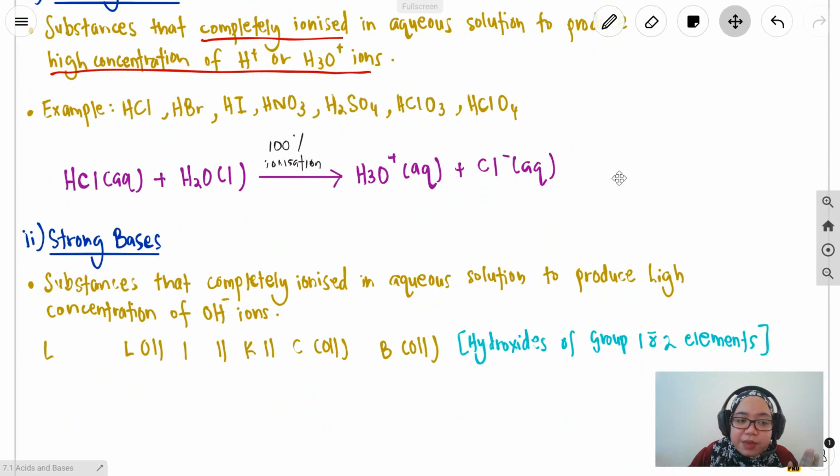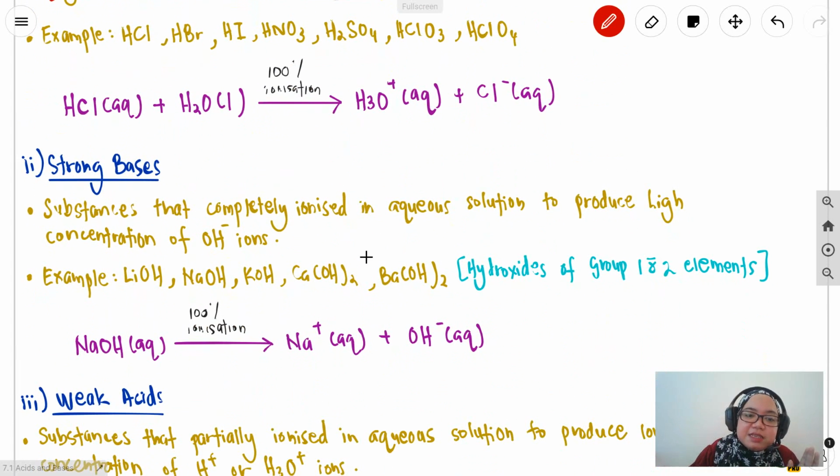So what are strong bases? A strong base is a substance that is completely ionized in aqueous solution to produce a high concentration of OH minus ion. Here we use the same full-headed arrow to indicate that the base has been 100% ionized to form the OH minus ion.